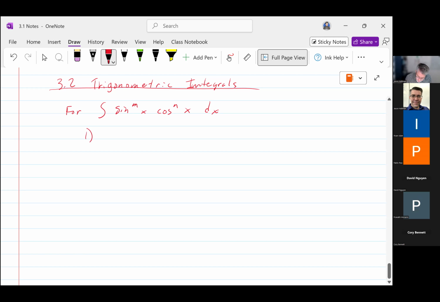Okay, first, if the power of cosine is odd, save one cosine factor and use 1 minus sine squared x for the remaining cosines.